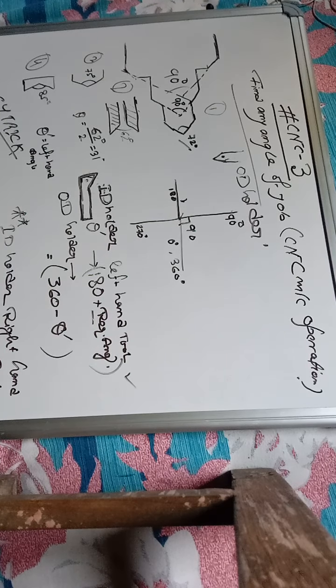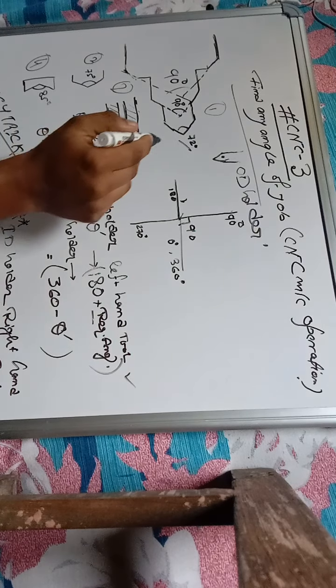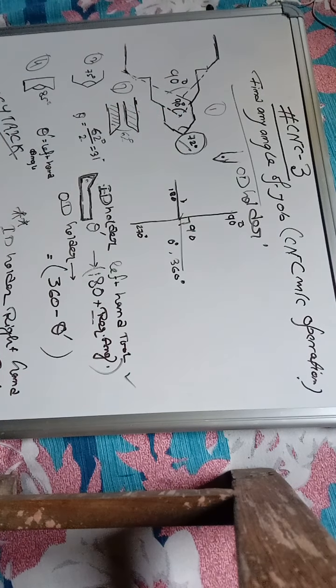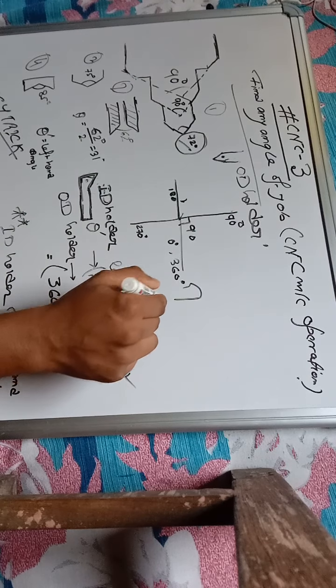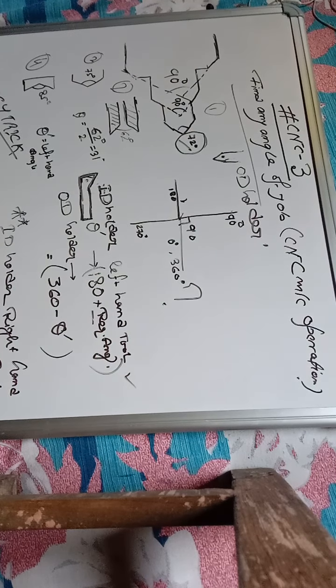If you consider this angle 72 degree, then what is the angle value if we cut it by a left hand holder? This will be discussed today. So let's start the video.